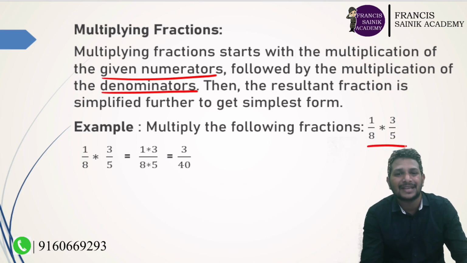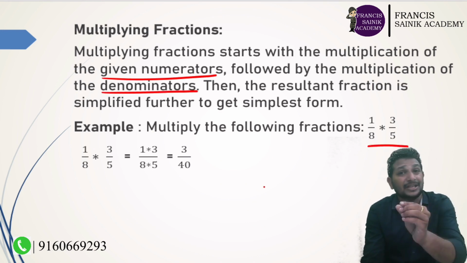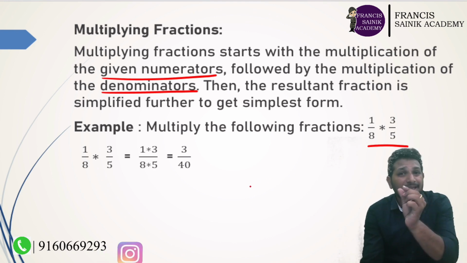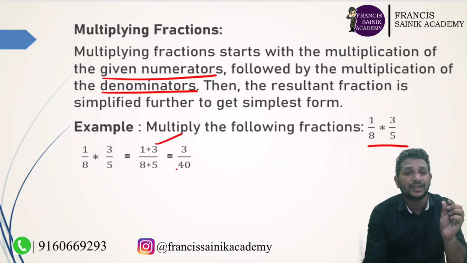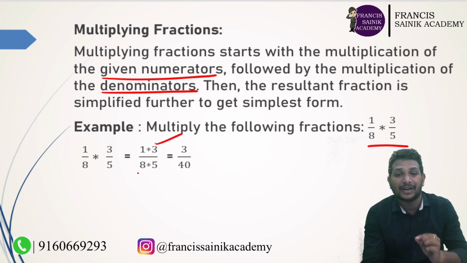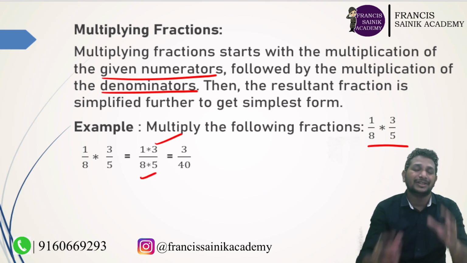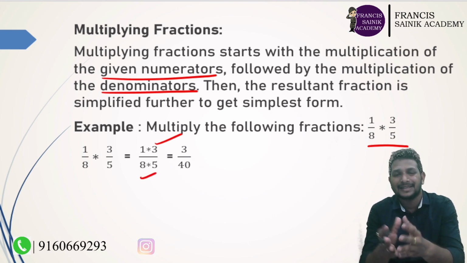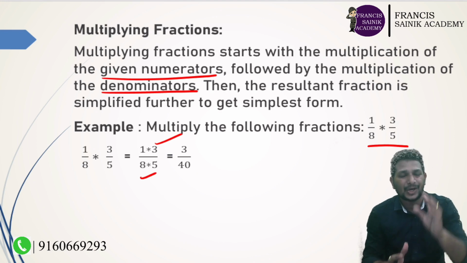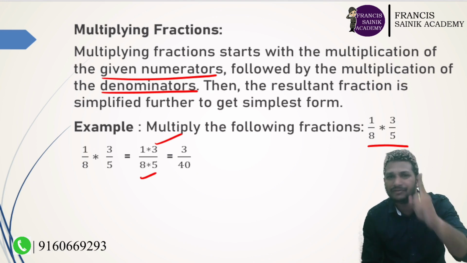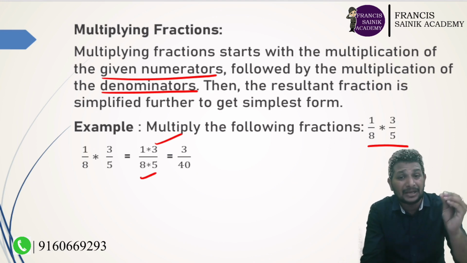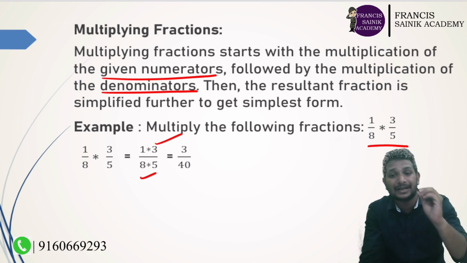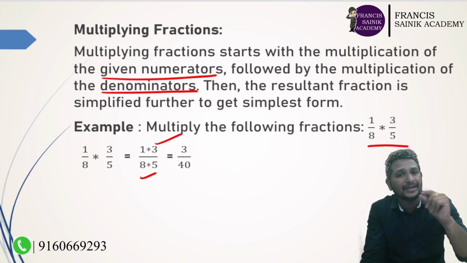If you look at this example, 1 by 8 multiplied by 3 by 5: multiply numerators, 1 into 3 becomes 3, and 8 multiplied by 5 becomes 40. So the final answer is 3 by 40, because here we simply did the multiplication of numerators separately and denominators separately.